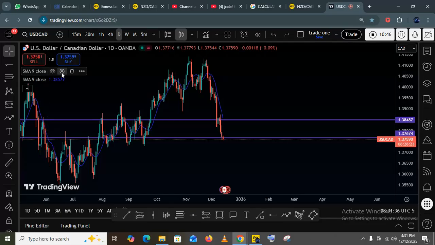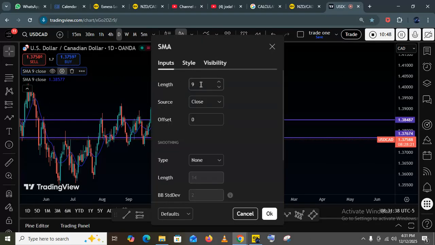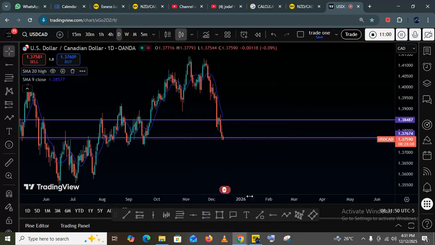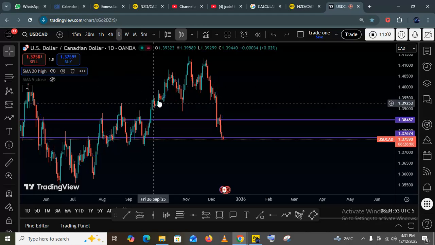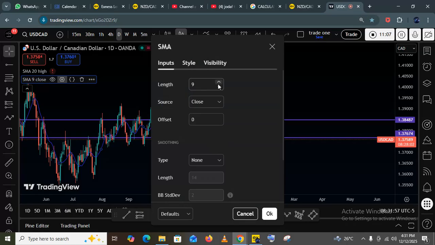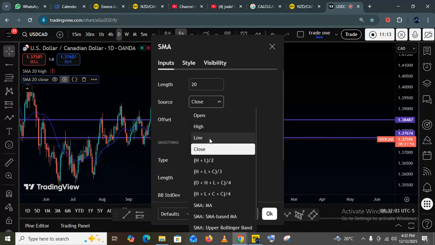So we set them up like this. I like the 20 moving average. This shows how generally the market has been moving over the last 20 days, or whatever 20 candles you're using. So I like to use low and high, since they give me a clear direction on what we are expecting. Also this one, I turn it to 20 and low like that.